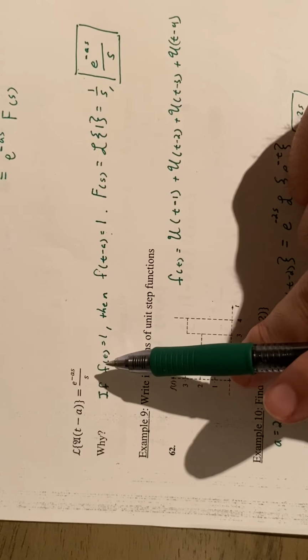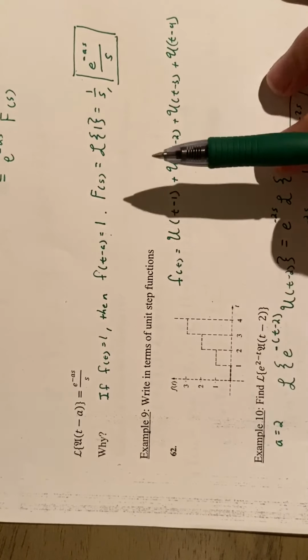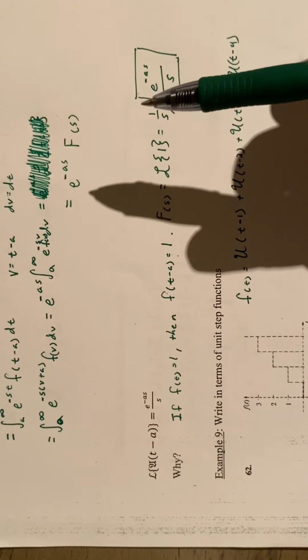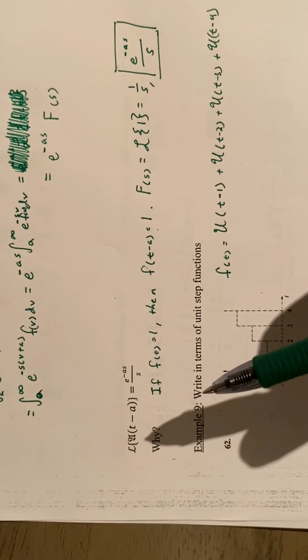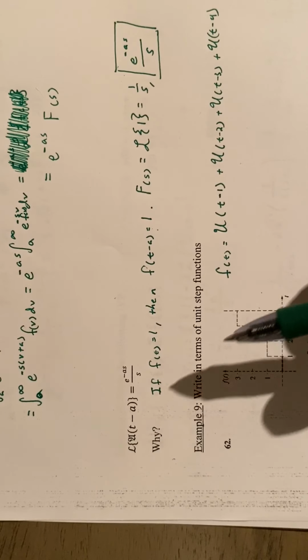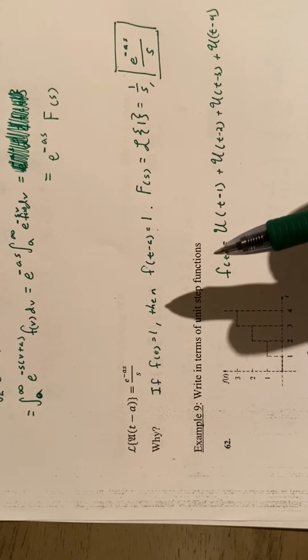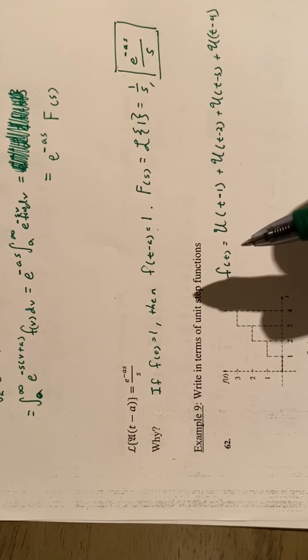Now, why is that? Whenever we're doing the Laplace transform of the unit step function, we're always going to have to multiply that by e to the negative as. So what we have to realize is, what was our f of t? Well, if our f of t is not shown here, our f of t should be 1. And because f of t is equal to 1, then f of t minus a is also going to be 1.